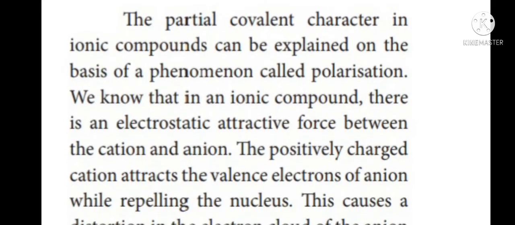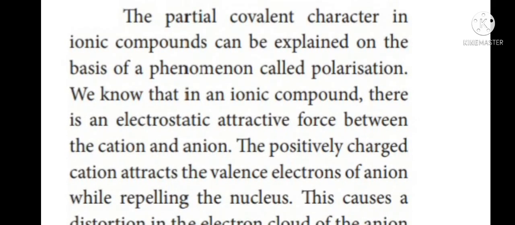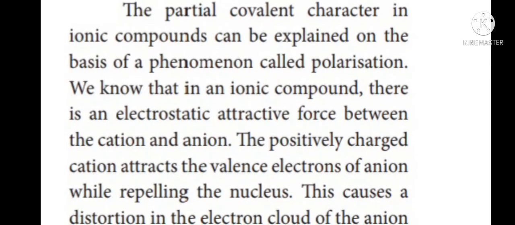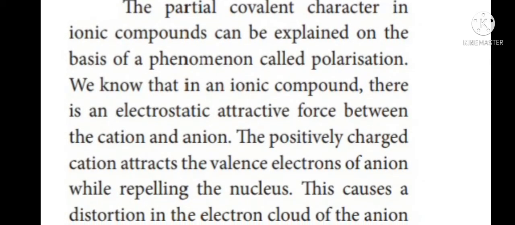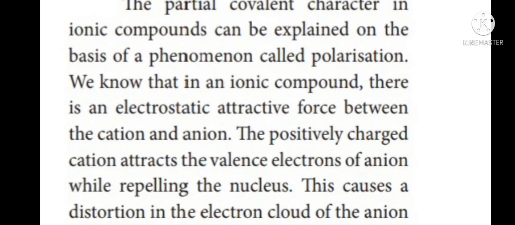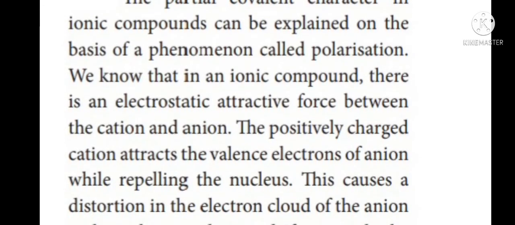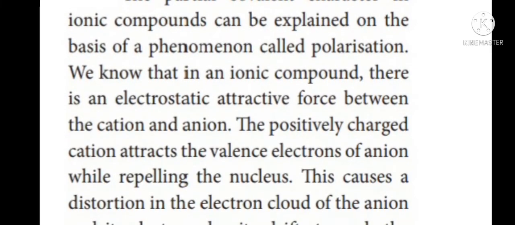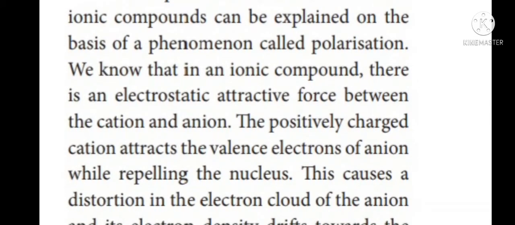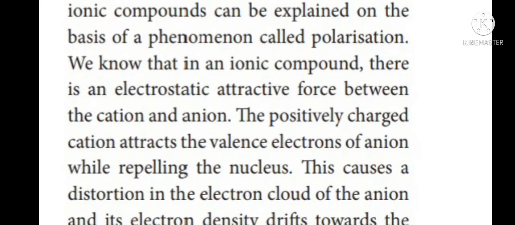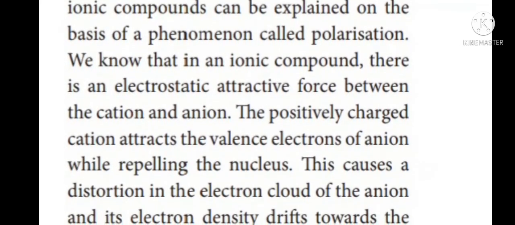The topic of partial covalent character in ionic compounds is explained on the basis of a phenomenon called polarization. In an ionic compound, there is an electrostatic attractive force between the cation with positive charge and the anion with negative charge.